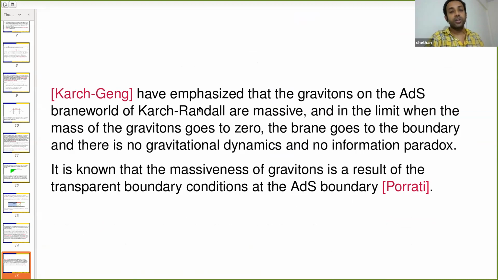Okay, so one of the questions that I want to look at here is whether the massiveness of the graviton is a result of the transparent boundary conditions, the AdS boundary. Is it a consequence of that, or is it more fundamental? Or more precisely, whether the fact that island physics is relevant can be attributed directly to the mass of the graviton.